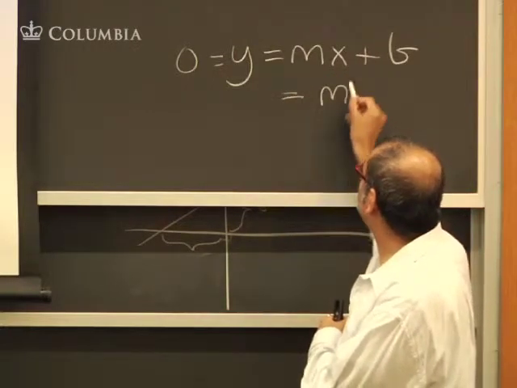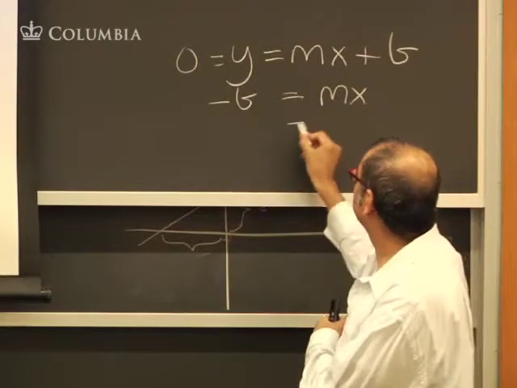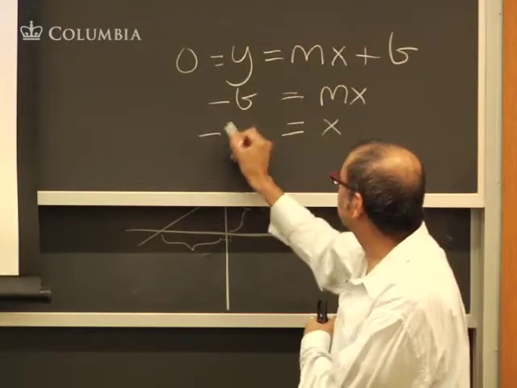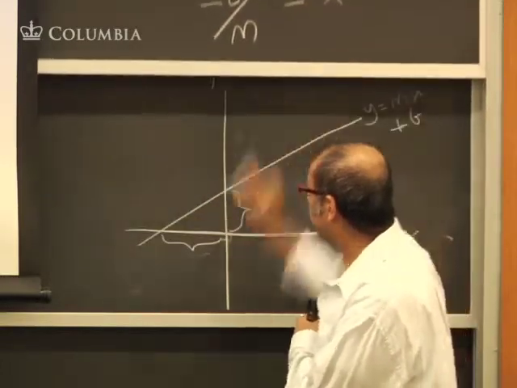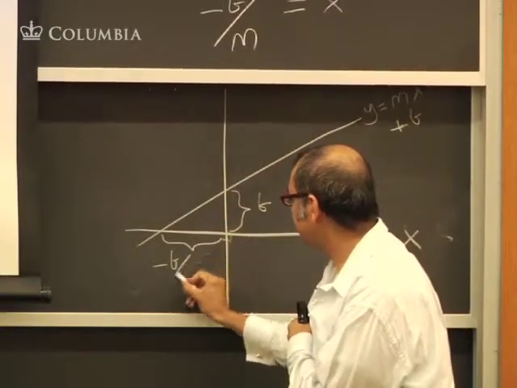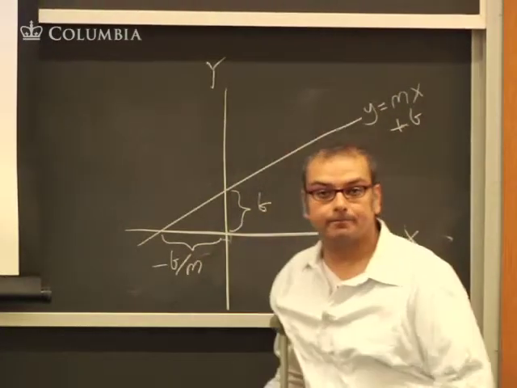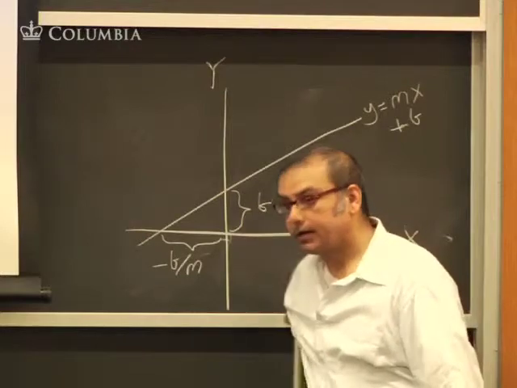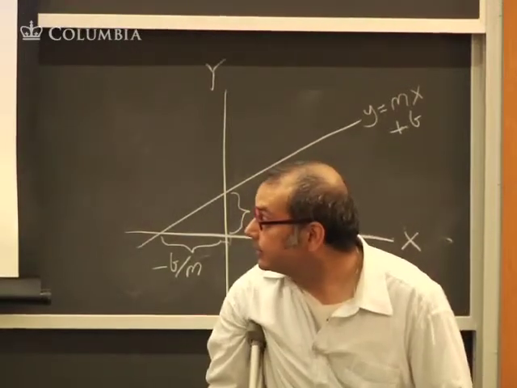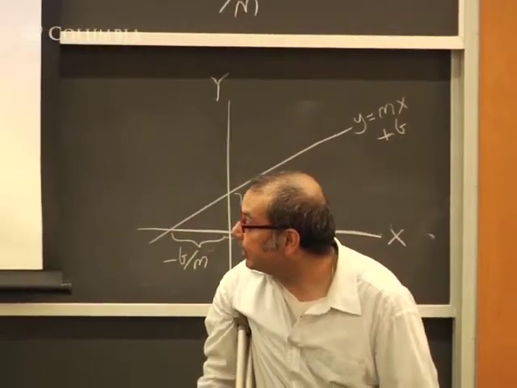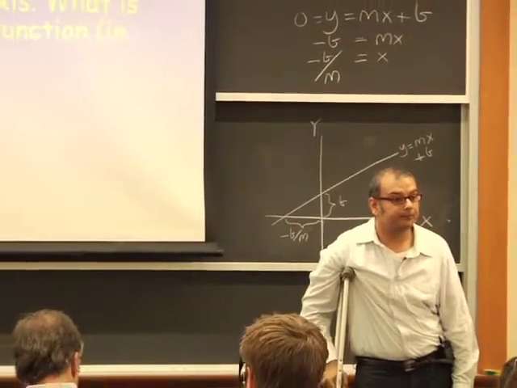So that's mx. So x is equal to minus b over m. Okay? Just keep that in mind, and I think that's exactly what we just did.